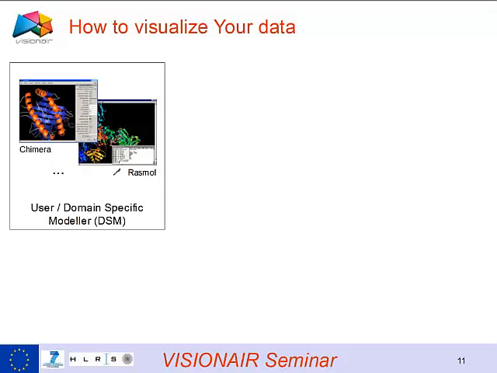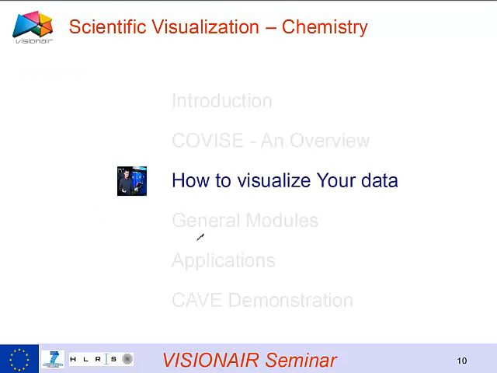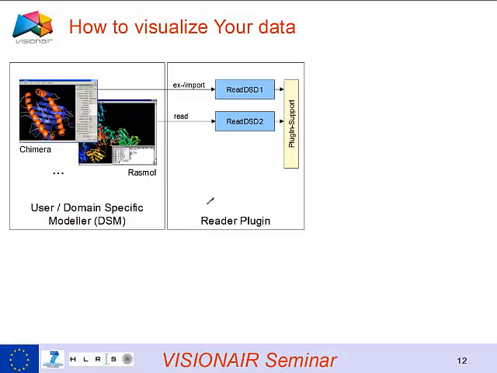These are tools to design and model molecules, and of course they can do some kind of visualization within the application. But if you now want to go further to do visualization in a virtual environment, what do you have to do?